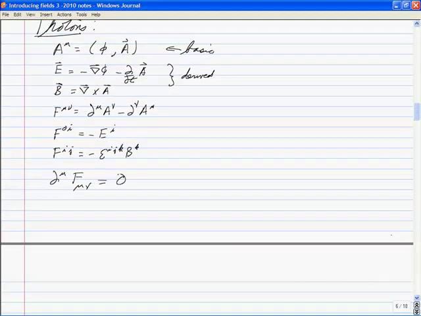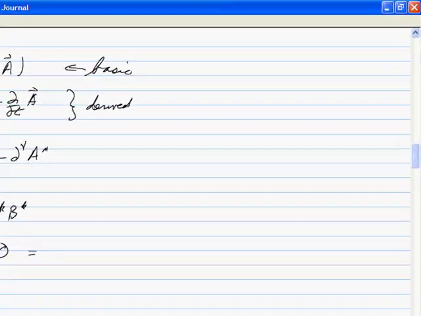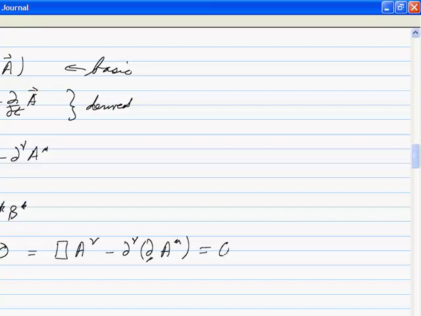Okay? The equations of motion, which we'll get out, is that d mu F mu nu is 0, which, given this definition here, is box on A nu, and then d mu on the second one is slightly different, so it's box A nu minus d nu d mu A mu. So that's the equations of motion.